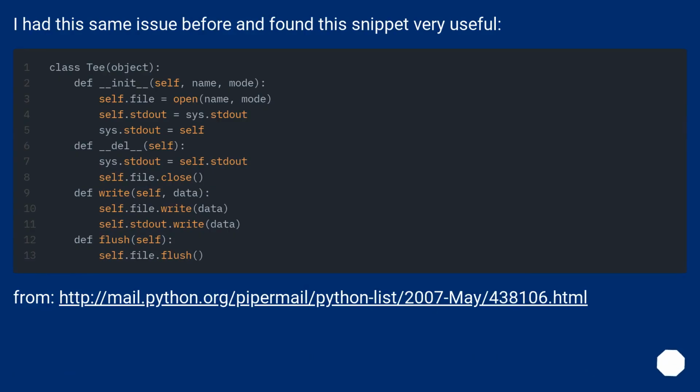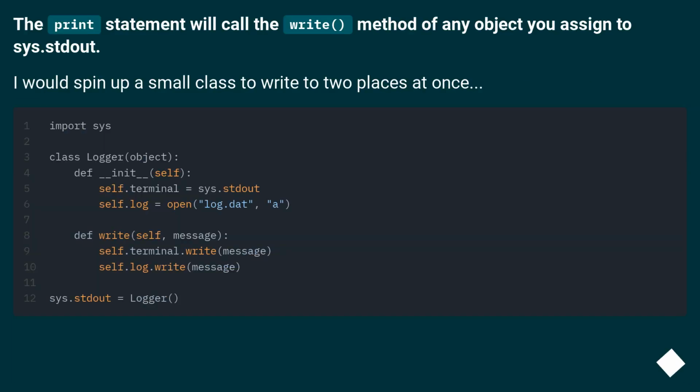I had this same issue before and found this snippet very useful. From this URL. The print statement will call the write method of any object you assign to sys.stdout.